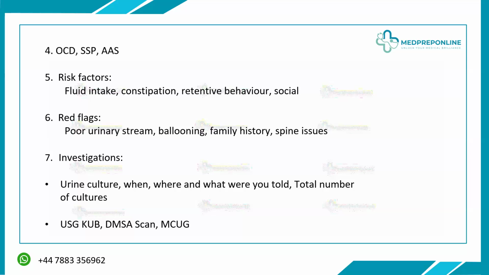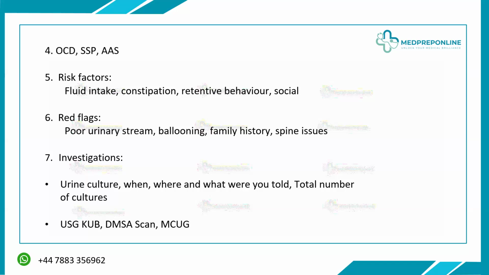If mom mentions the child is opening less than 2 to 3 times in a week, you can show them the Bristol stool chart and ask what type of Bristol stool they are passing. And retentive behavior: sometimes they hold the urine, and it actually causes a problem.